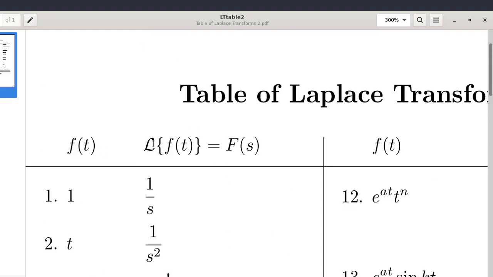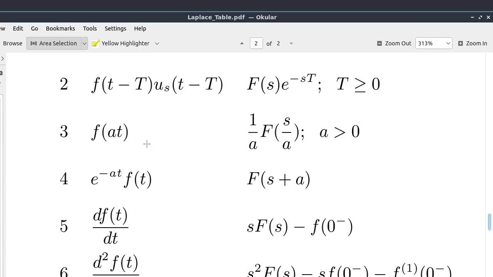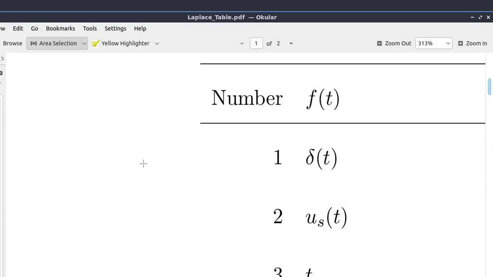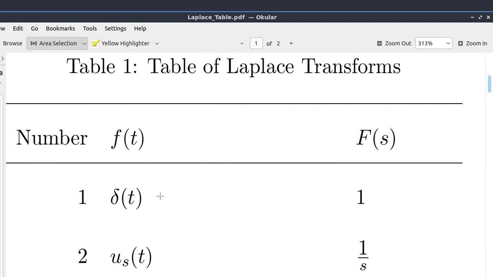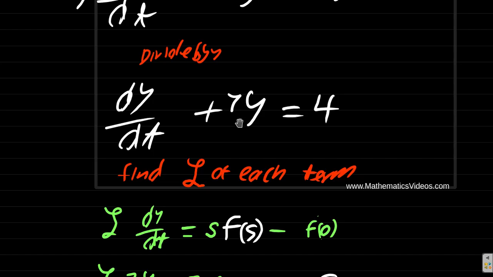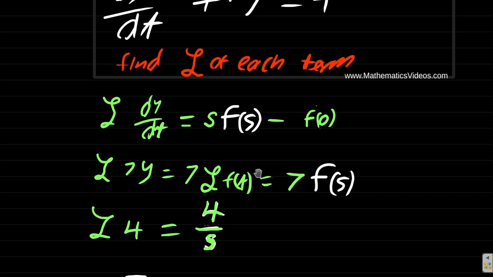The Laplace transform of f of t is F of s. The other table also shows it. So the Laplace transform of y, in this case f of t, is F of s, so multiply by 7 because we had 7y.